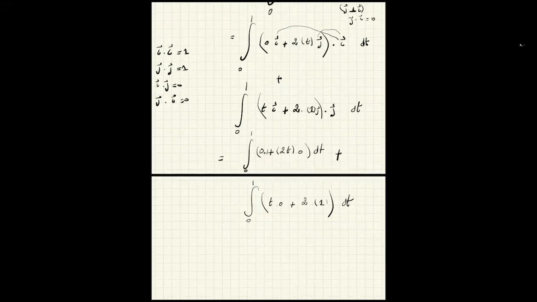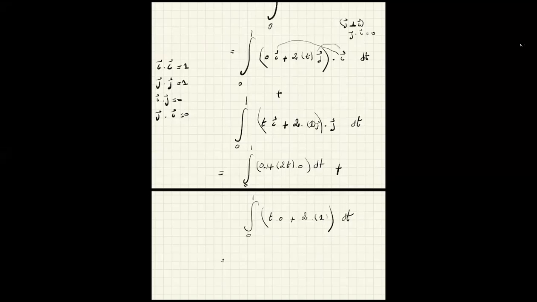Is this too fast? If you have any question, please don't hesitate. I'm just going to recall what I'm doing. This is 0 because we have 0 here, and this is 0 because j and I are perpendicular, and this is 0 because I and j are perpendicular.